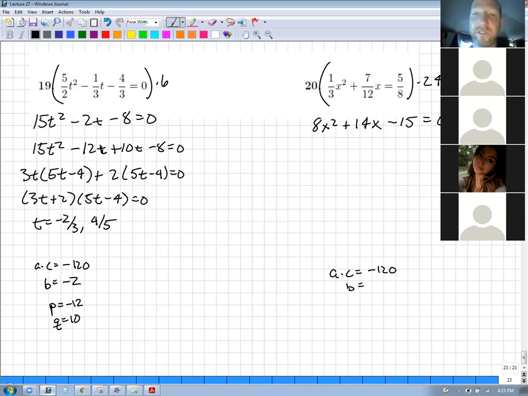B here is 14 though, so it can't be 12 and 10. What are our choices here? 120 times by 5. Well, let's see. 2 and 60 doesn't work. 120 divided by 3, 3 and 40 doesn't work.